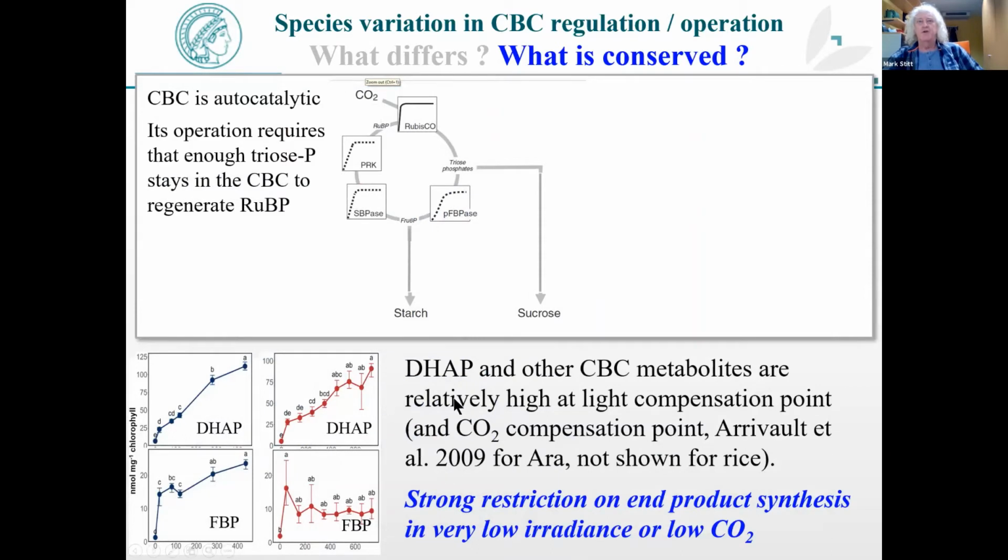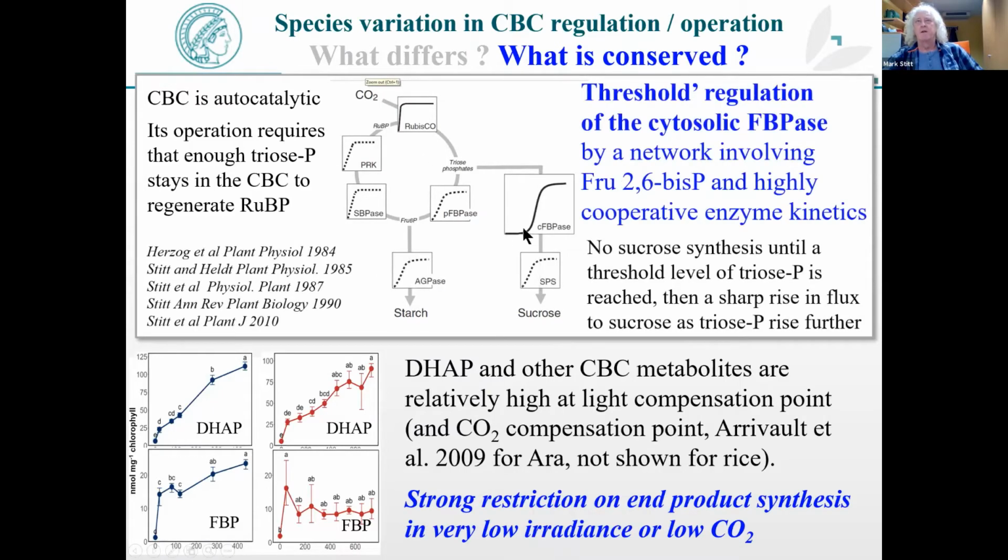The second feature: why are the metabolites already hitting a relatively high level at the lowest light intensity? This implies a strong restriction on end product synthesis in very low light. So let's go to a fundamental property of the Calvin Benson cycle. It's autocatalytic. Its operation requires that enough triose phosphate remains in the cycle to generate ribulose bisphosphate. You can only take out what is in excess.